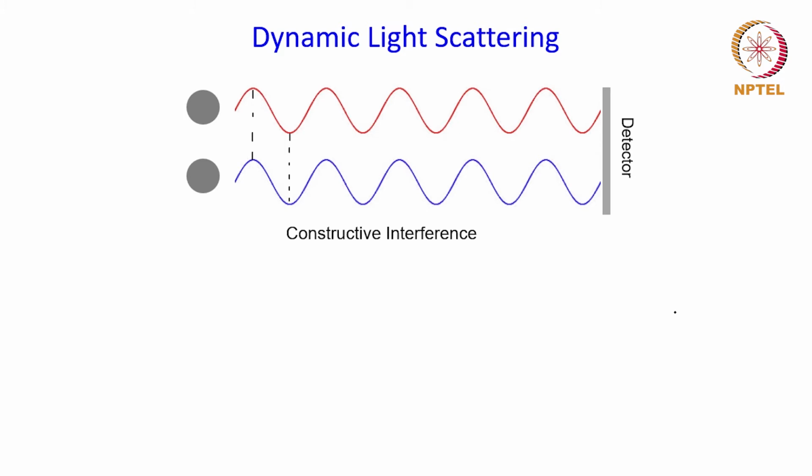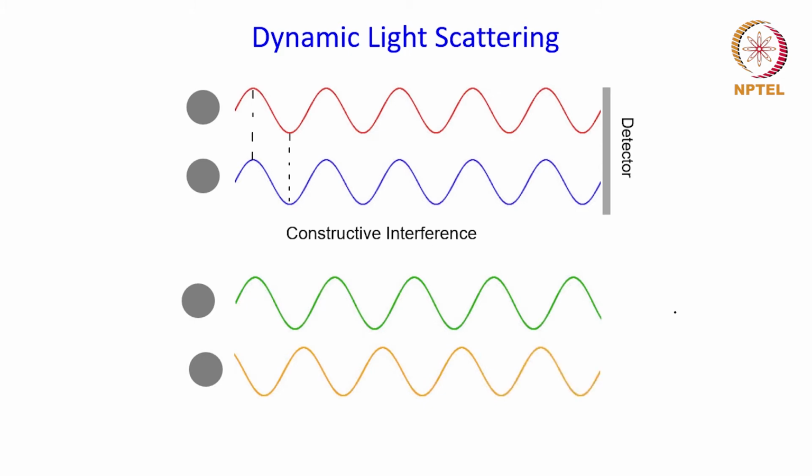On the other hand, you can have two waves, one like this and the other one like this, wherein we can see the negative is coinciding with the positive, for these two beams.